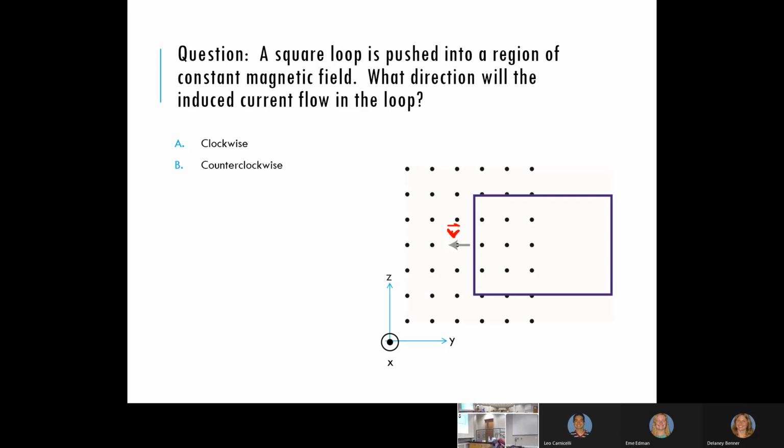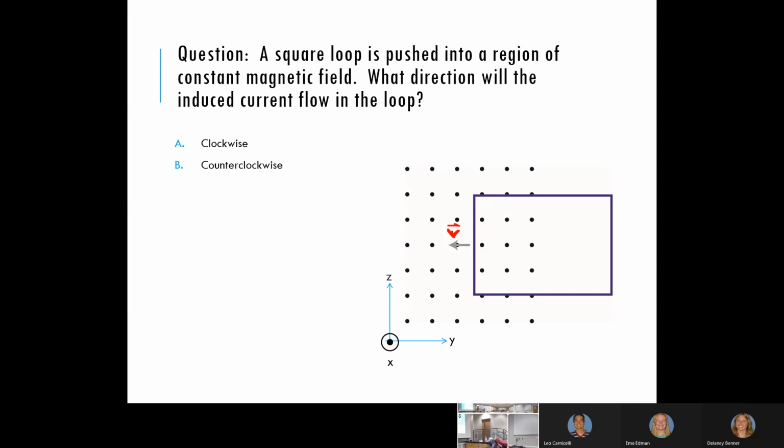So my loop will want to generate a magnetic field that points in which direction? Does it like that change, or does it not like that change? Doesn't. So if I have more magnetic field lines going this way through the loop, the induced field will point into the board.